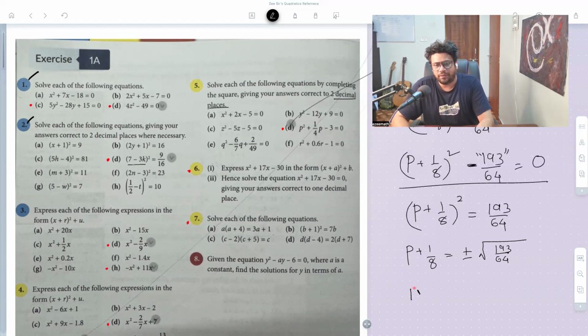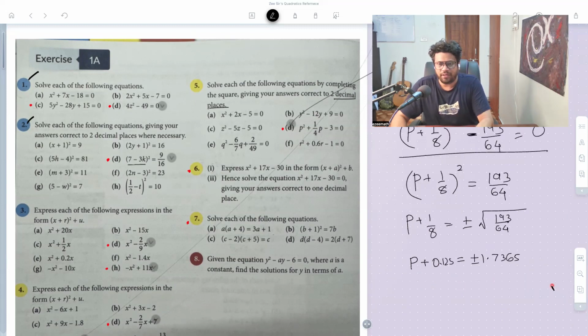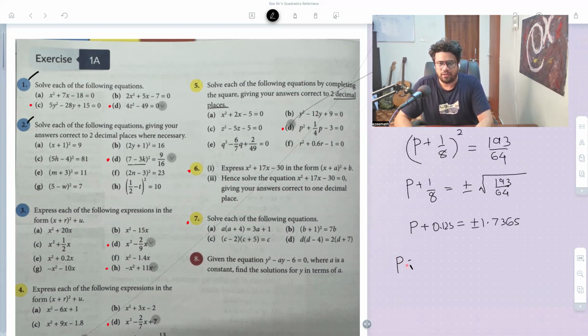That's p plus 1/8 equals 1.7365. So 1/8 is 0.125 with a plus or minus out there. P in this case is going to be 1.7365 minus 0.125, or p is going to be negative 1.7365 minus 0.125.